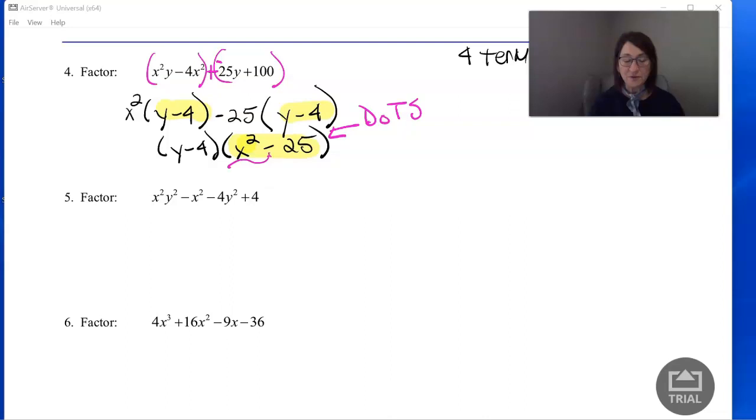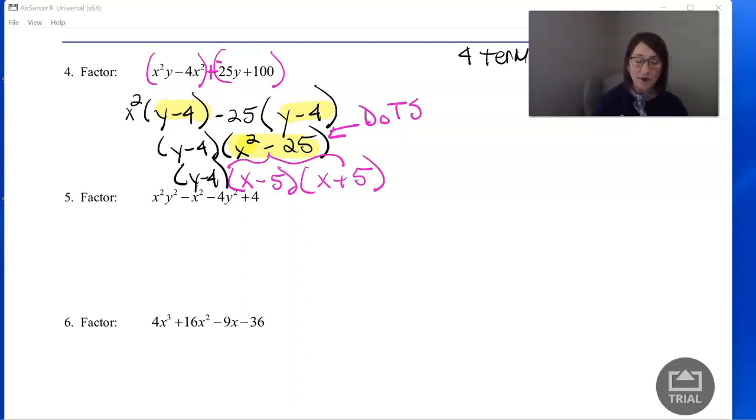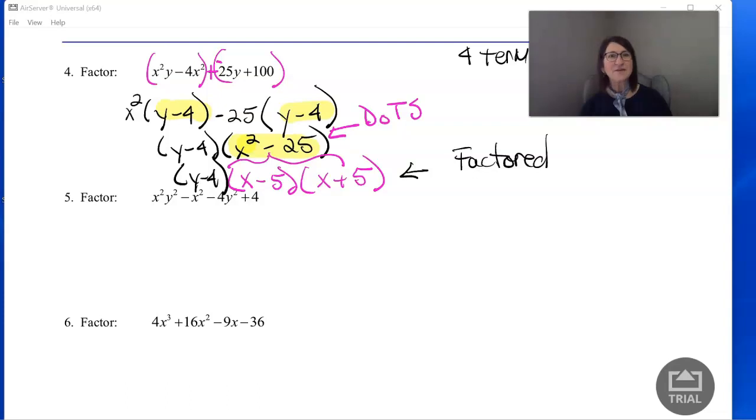So I am going to factor that using the conjugates. So that's going to be x minus 5, x plus 5. And then I still bring down this y minus 4. And so this is my factored form. All right, let's do the next one.